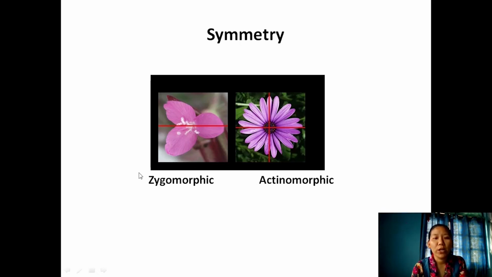If the flower can be divided into two equal halves from only one plane, from one angle, then such a flower is called zygomorphic. But if the flower is divisible into two equal halves from more than one plane, more than one angle, then such a symmetry we call actinomorphic. So actinomorphic is like a radial symmetry and zygomorphic is like a bilateral symmetry.